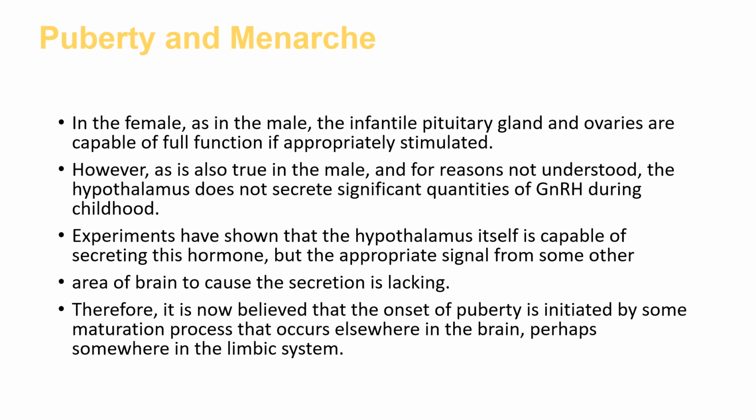However, as is also true in the male, and for reasons not understood, the hypothalamus does not secrete significant quantities of GnRH during childhood. Experiments have shown that the hypothalamus itself is capable of secreting this hormone, but the appropriate signal from some other area of brain to cause the secretion is lacking. Therefore, it is now believed that the onset of puberty is initiated by some maturation process that occurs elsewhere in the brain, perhaps somewhere in the limbic system.